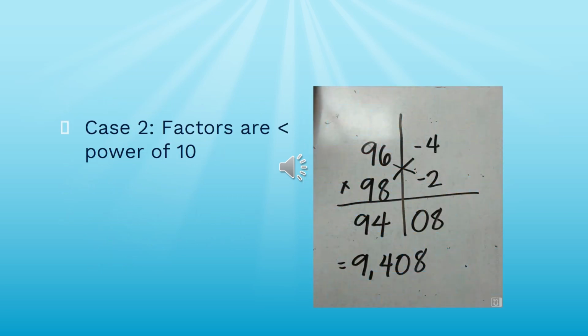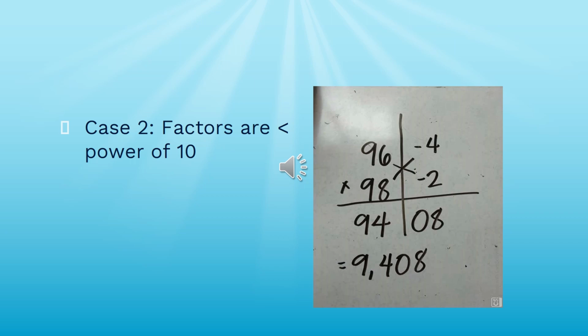For our second case, or case 2, the condition is that our factors are close to powers of 10. However, they're slightly less than those powers of 10. To illustrate that, I have here an example.